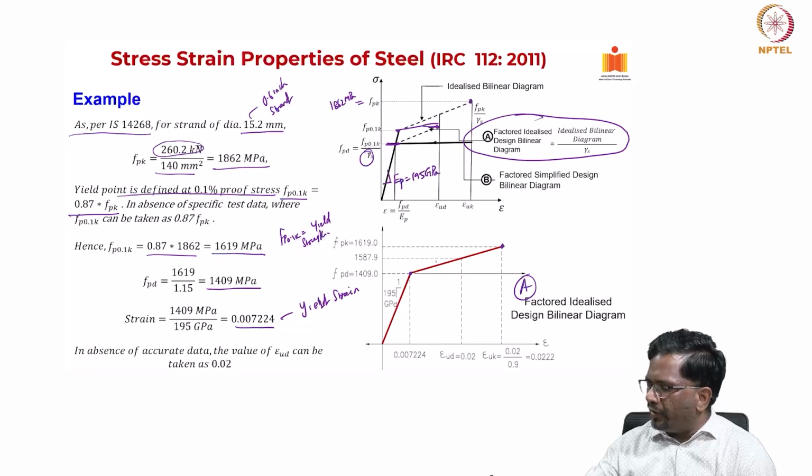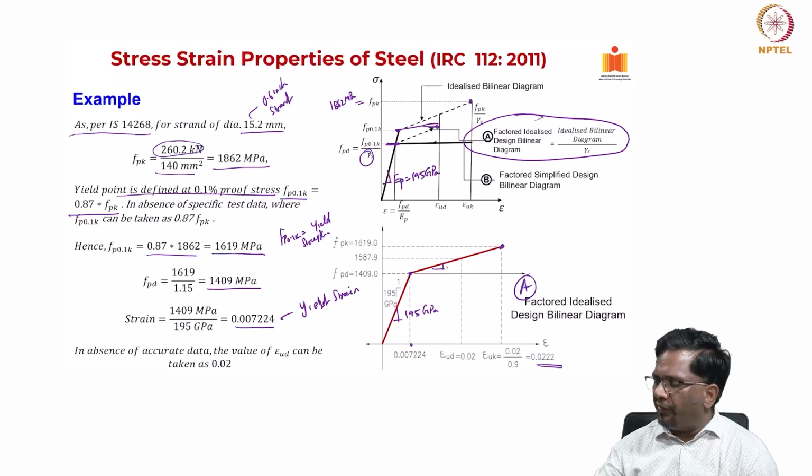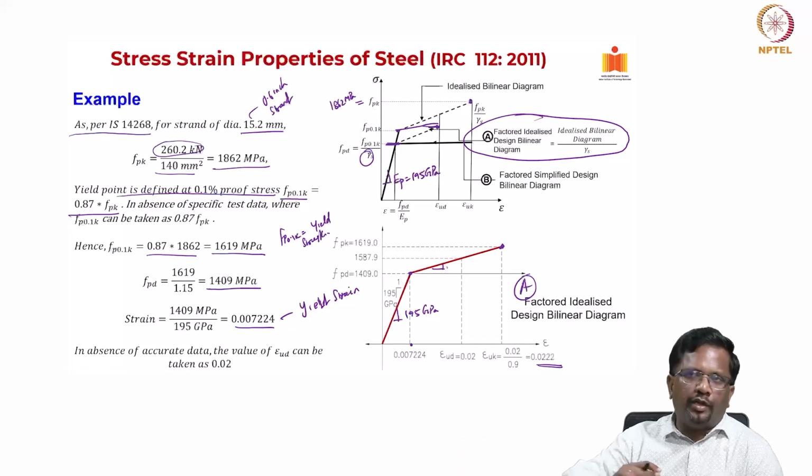Now that we know these things, the slope can also be calculated. This slope is 195 gigapascal. You know this point and this point, and you know this strain. How about this strain? Epsilon UK is typically taken as 0.02 by 0.9, so this value can also be calculated. Between FPD and FPK, now that you know the modulus and the two points, at any intermediate point you can calculate the stress using this modulus.